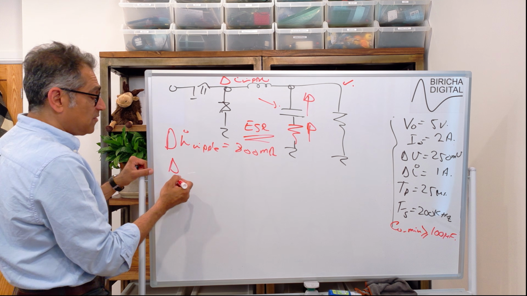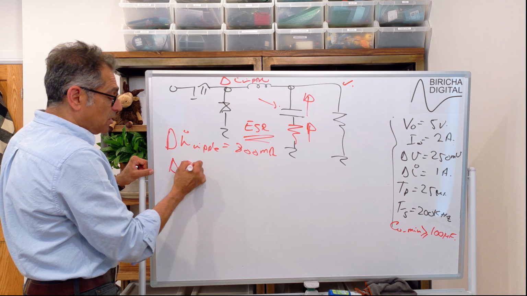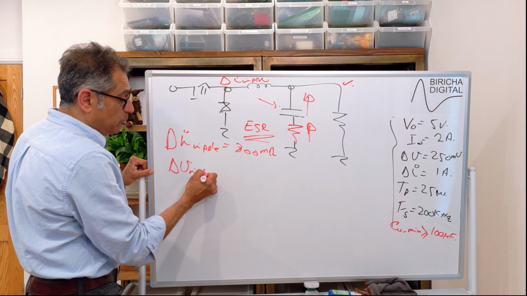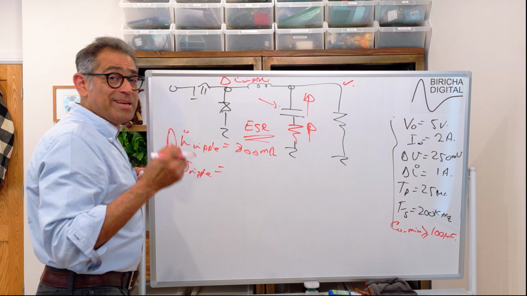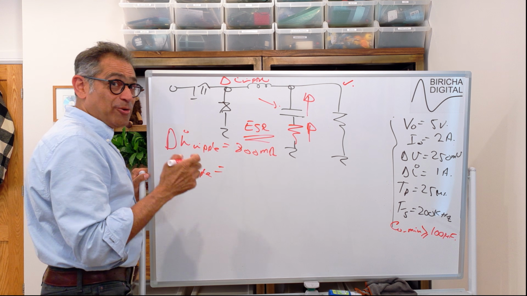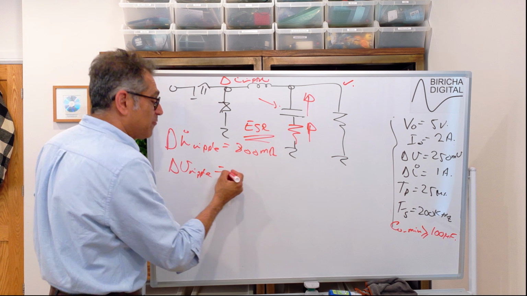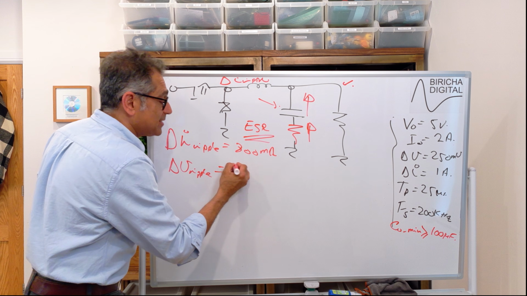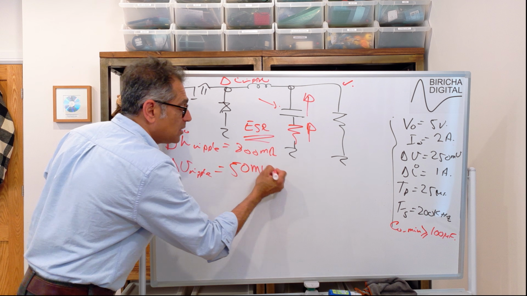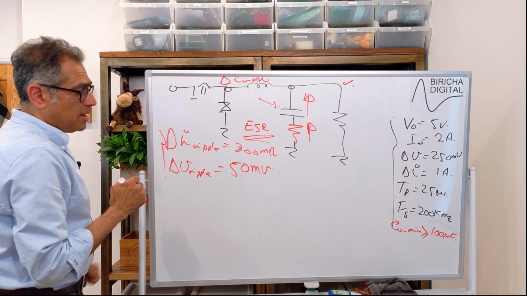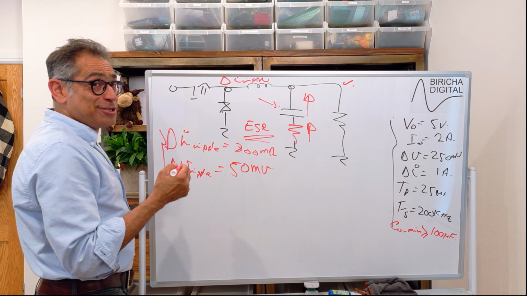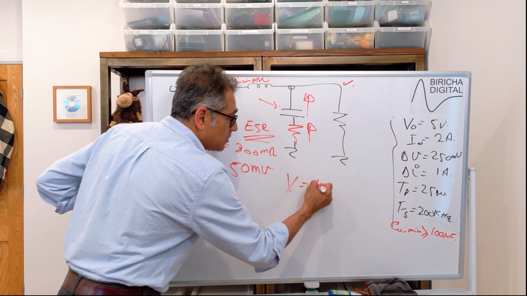Let's say that a specification for our ripple voltage, peak-to-peak voltage ripple. I noticed that I made a mistake. 1% of 5 volts is 50 millivolts and not 5 millivolts, but it doesn't matter. The principle stays the same. So let us correct that: 50 millivolts. And then we quite literally just use Ohm's law.